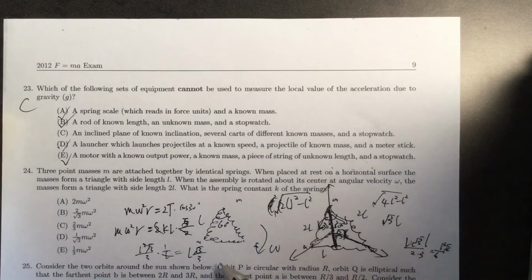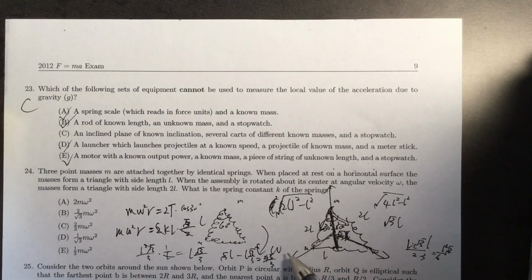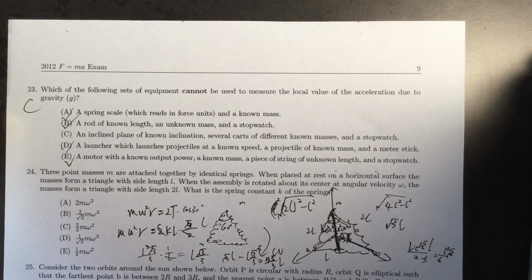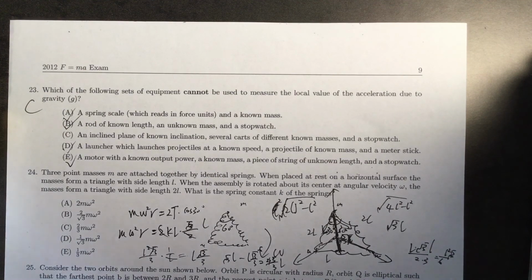Okay, now the square root of 3 L minus L times square root of 3 over 3 is equal to 2 times square root of 3 over 3 times L. That will be the R length.